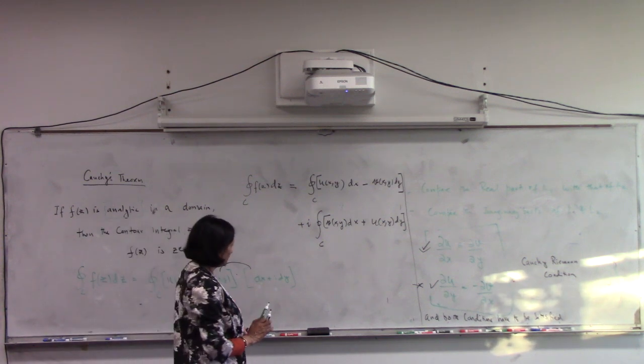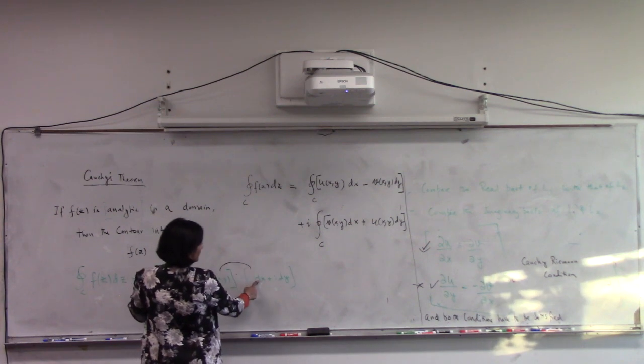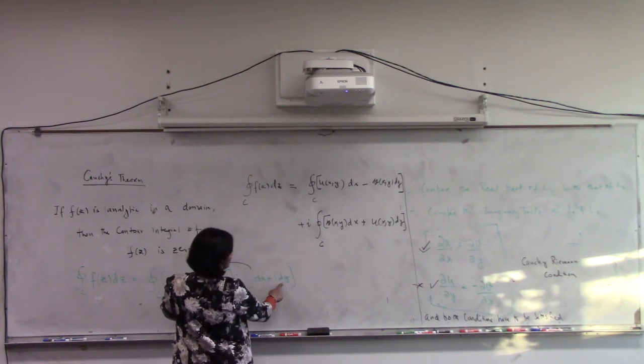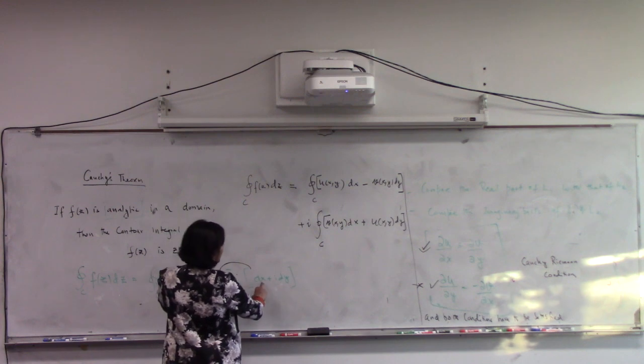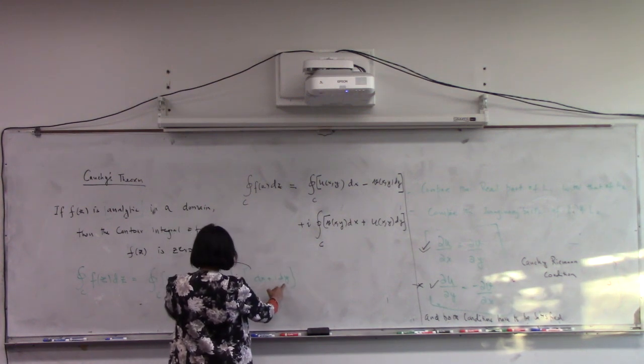Okay, so that's all I've done at this point. Just check it's okay. u dx minus v dy, okay, plus i, pulling the i out, right? v(x,y) dx and u(x,y) dy. Okay.